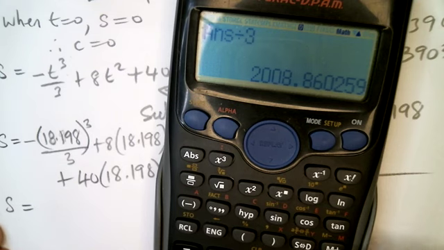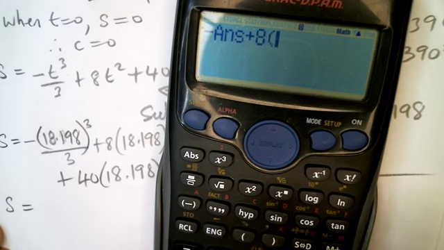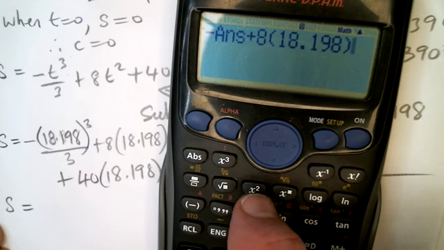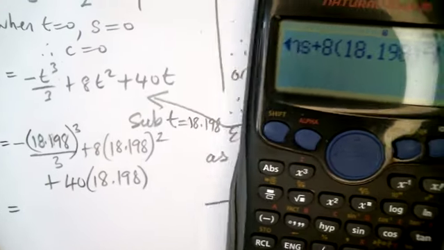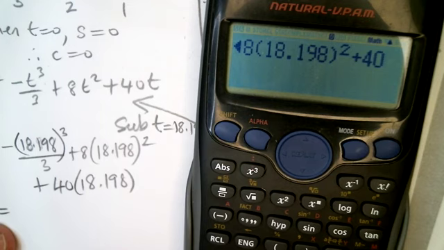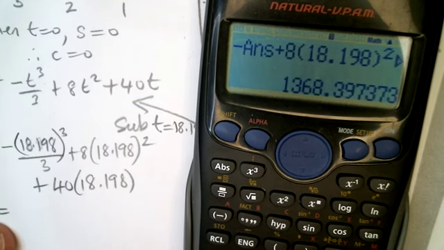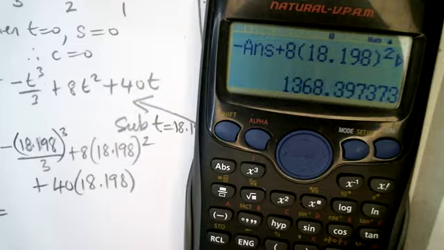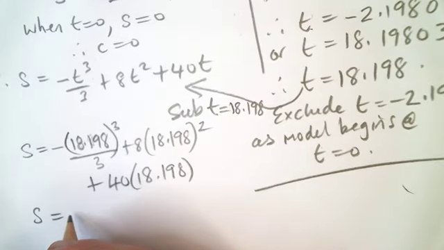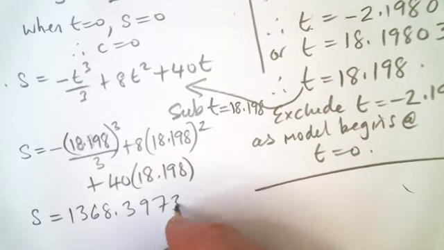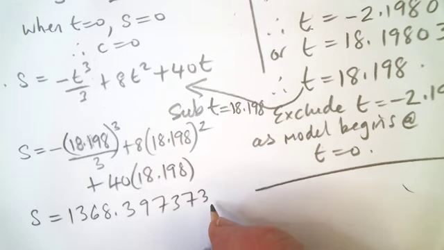So it's negative answer plus 8 times 18.198 squared, plus 40 times 18.198. I think that will probably do it. I'm not quite sure why it went wrong before. And we've now got 13.68, 39737. Okay, so this is what we're looking for.